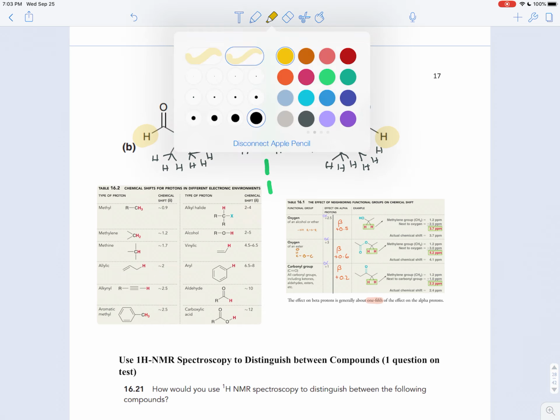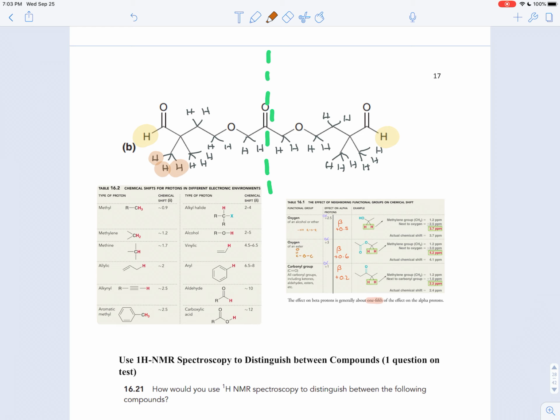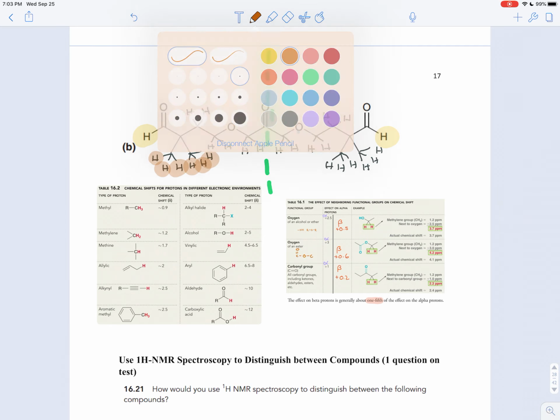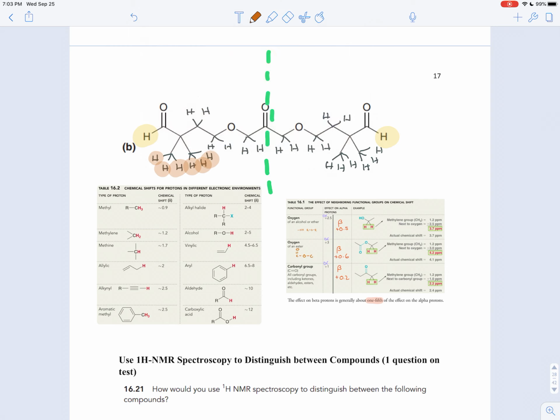The next signal will be for these hydrogens down here. Now certainly those three hydrogens on that methyl group are in the same electronic environment. What may not be as immediate to see is that the other three hydrogens are also in that same environment, because all of those brown hydrogens are the same distance away from any feature of the molecule. For example, they're both 1, 2, 3 atoms away from the carbonyl.